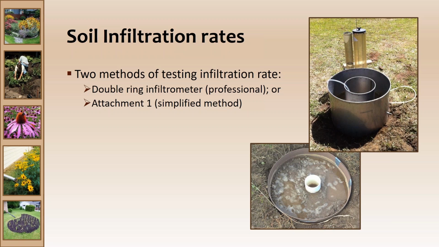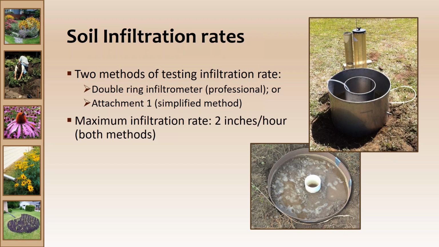Or there's a simplified method that we outline in detail in Attachment 1 to the standard, and it involves just using some materials that you'll find around the house usually, or you can get at the hardware store. No matter which method you use, the maximum infiltration rate that is available in that table, when we get back to it, is 2 inches per hour.